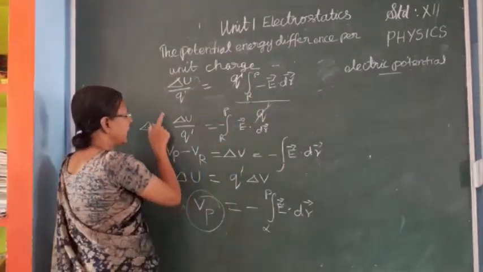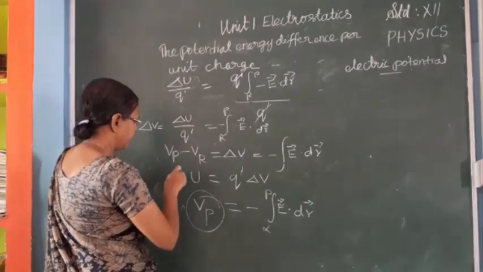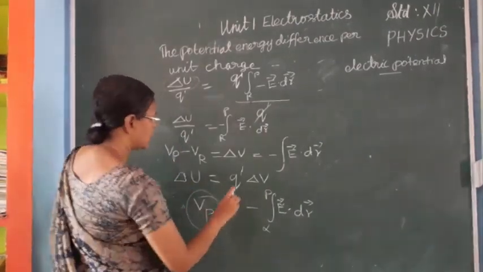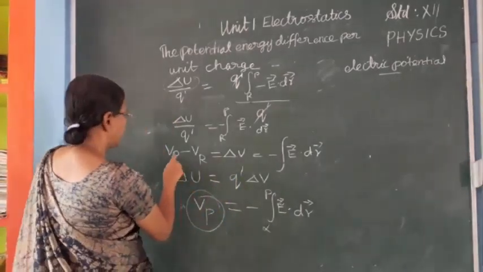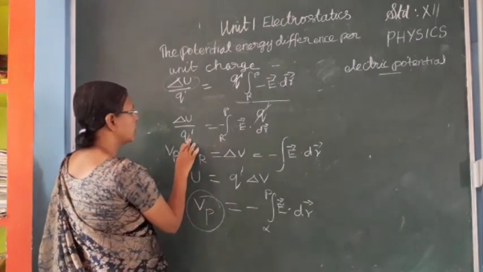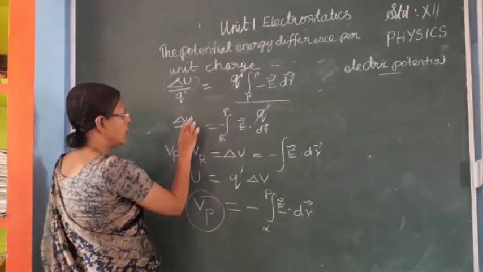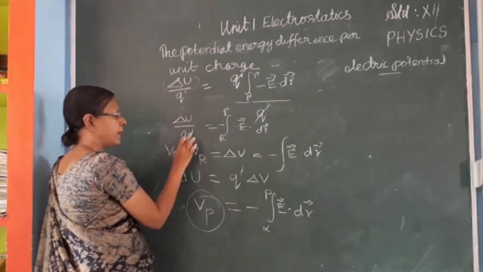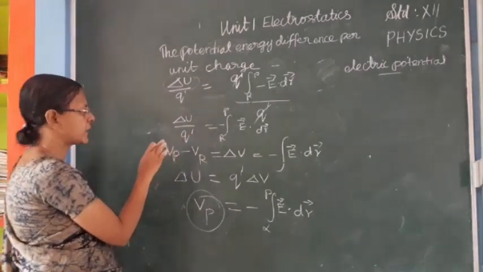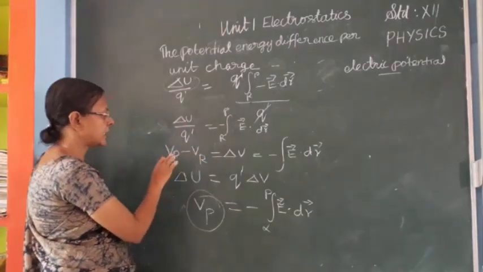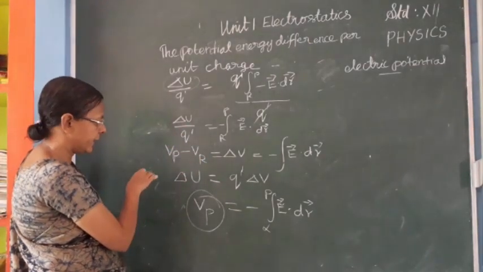So del V is the change in potential, and del V is del U by Q dash. The change in potential energy per unit charge is called the electric potential difference.